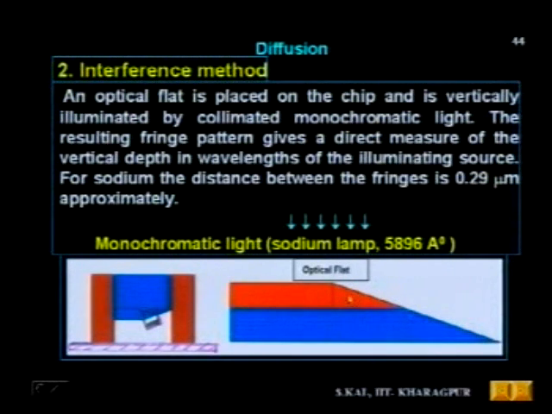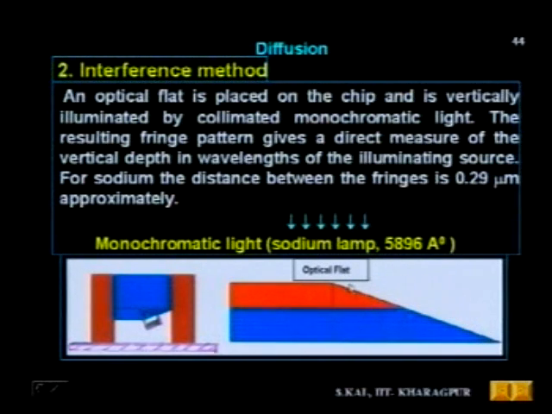Rather, an optical flat is put on top of the lapped portion, then you irradiate with monochromatic light, a sodium lamp, whose wavelength is 5896 angstrom. If you irradiate, a wedge will be formed in this particular region, and you will see the interference pattern. This is known as Tolanski's interference technique.